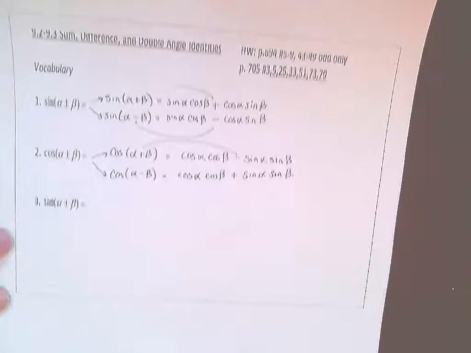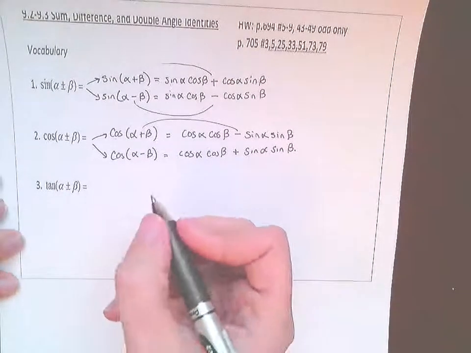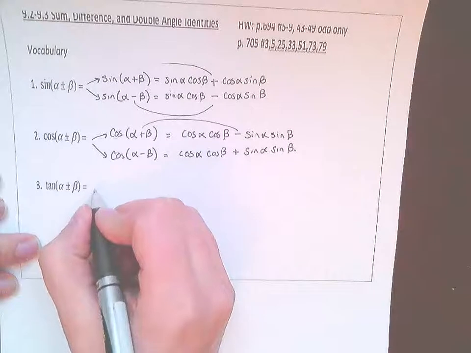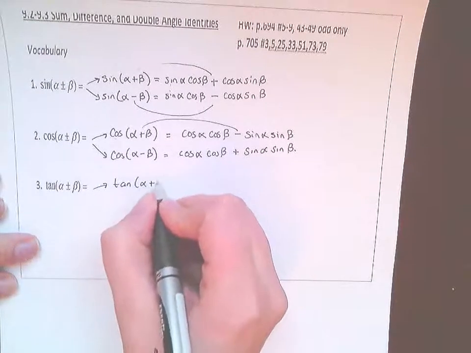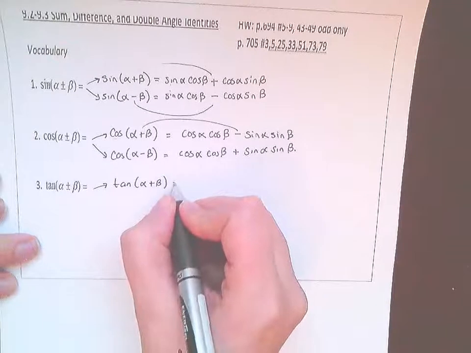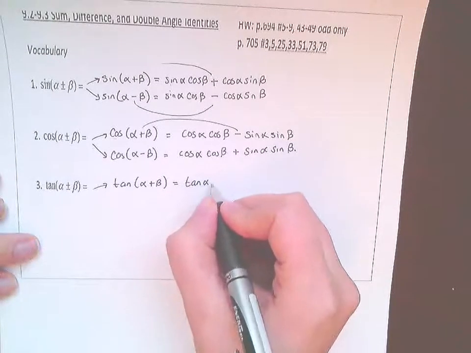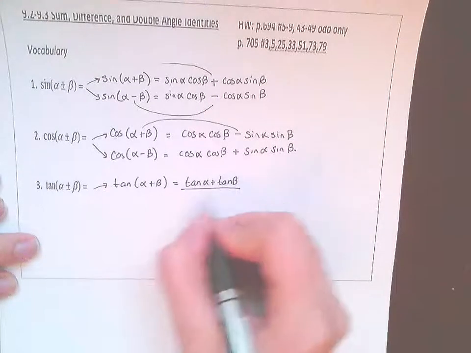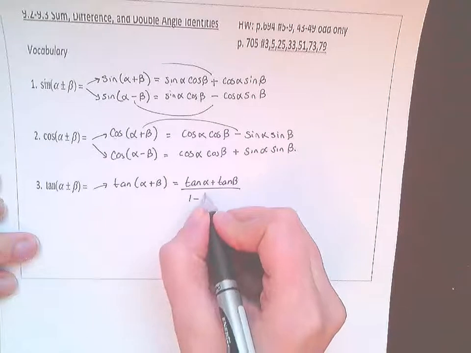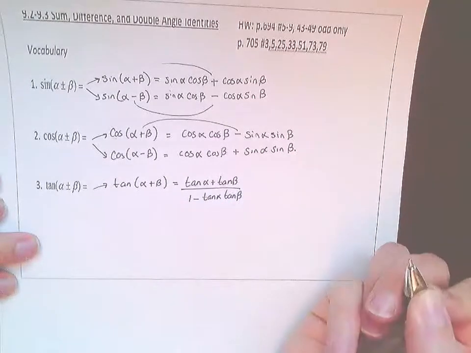Alright, now tangent is a little bit different. So basically with tangent, you have either the plus, so tan of alpha plus beta, and this one is written down as tan of alpha plus tan of beta over 1 minus tan of alpha tan of beta.